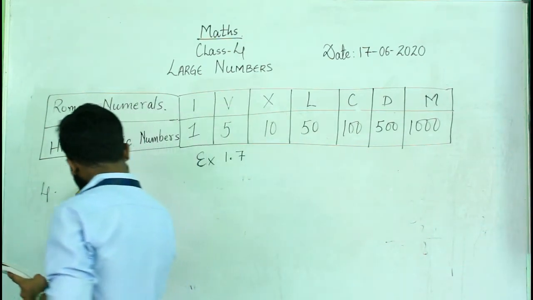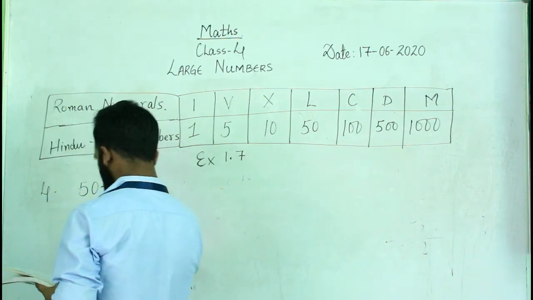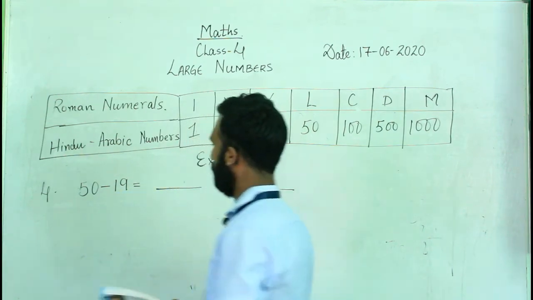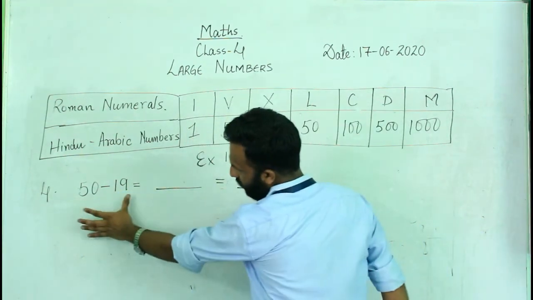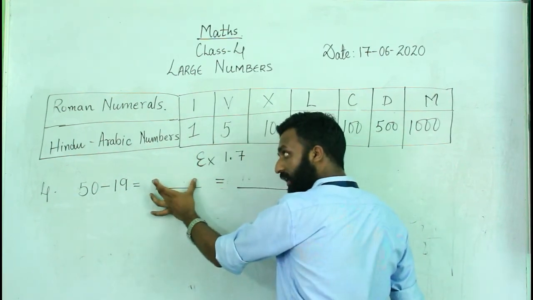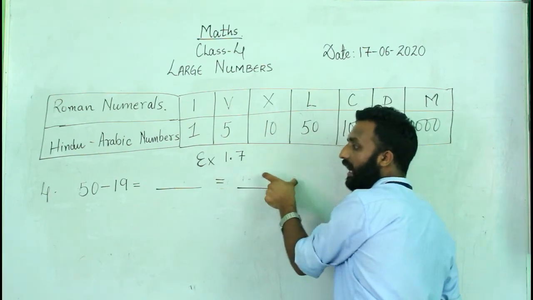It is given 50 minus 19 equals dash equals dash. What do we have to do? This is given in Hindu Arabic numerals. You have to write this in Roman, and after finding the difference, write the answer here.